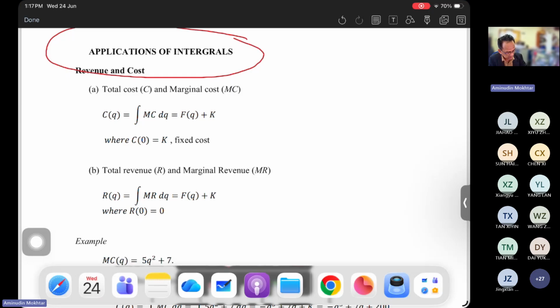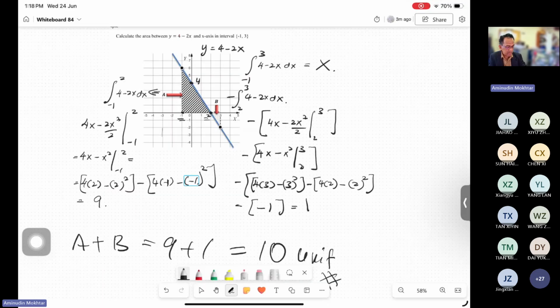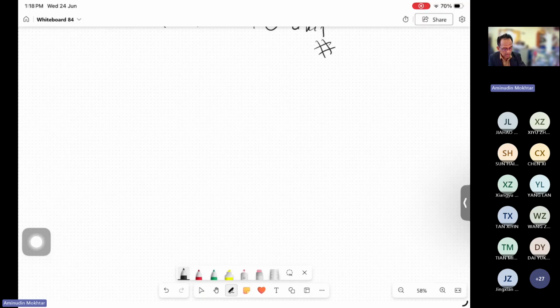In other words, there is a close relationship between topic 6 and topic 7 in terms of application.